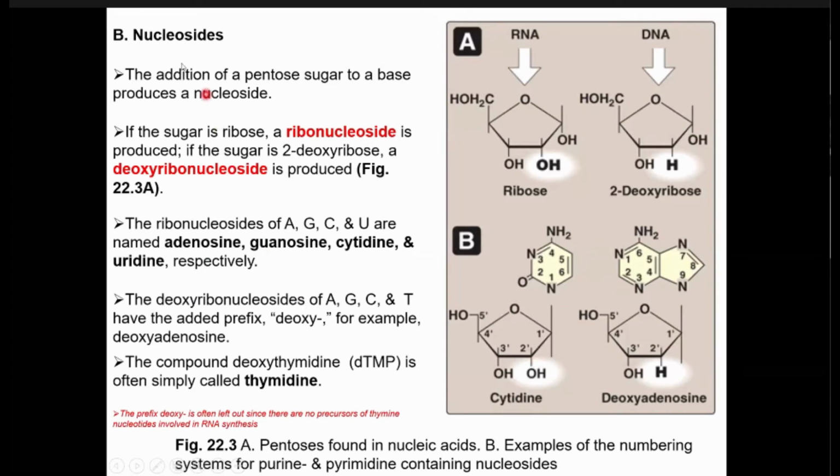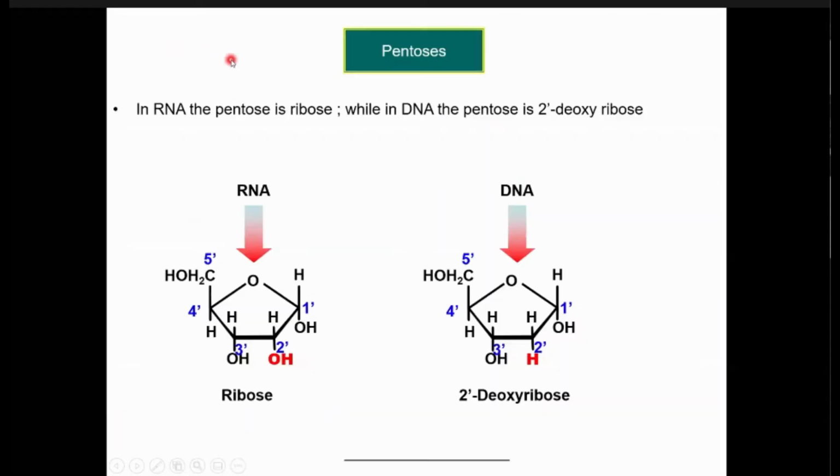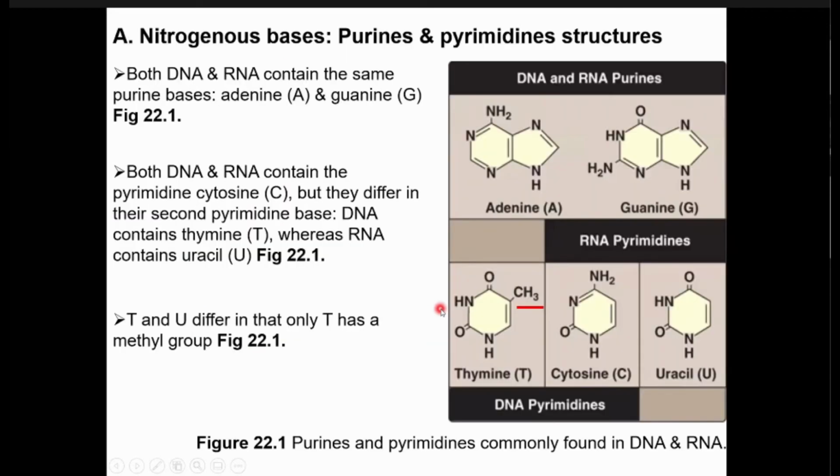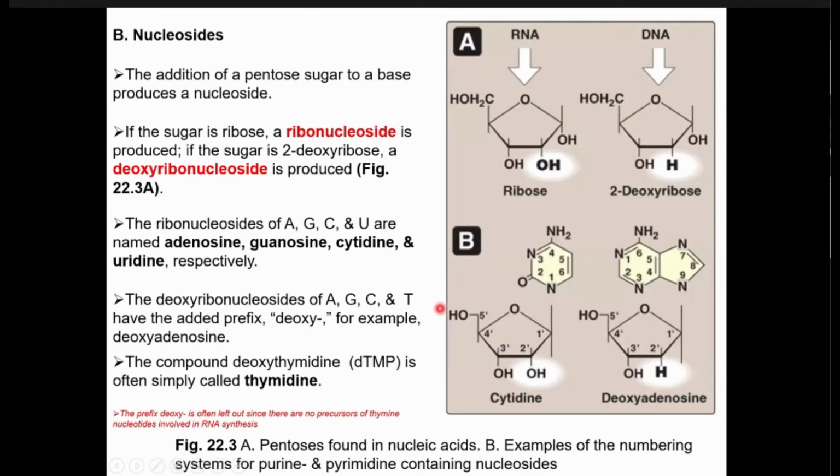Now, when I started the lecture, I mentioned nucleoside, and we said the nucleoside is when you have a base plus pentose only, without phosphate. So a nucleoside is the addition of a pentose sugar to a base to produce a nucleoside.